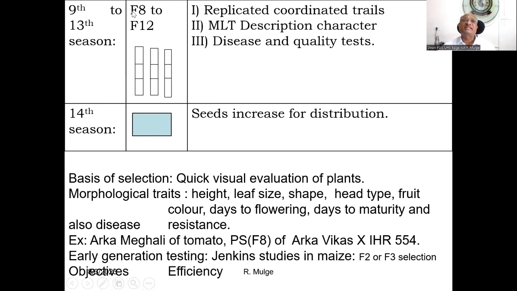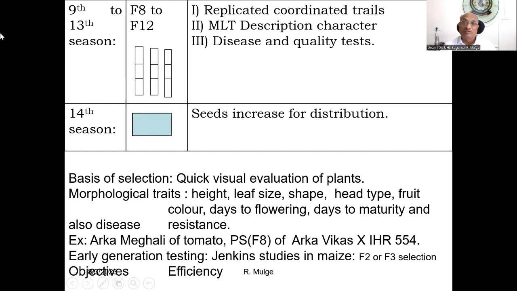Then you are aiming at releasing the best varieties. In the 9th to 13th season, that is F8 to F12, you have to conduct replicated coordinated trials or multi-location trials, in different seasons and different locations. You can study the stability of those lines with respect to yield. During that time, you can also prepare the descriptors.